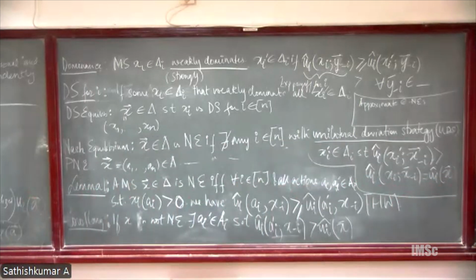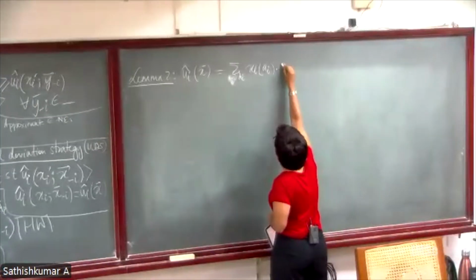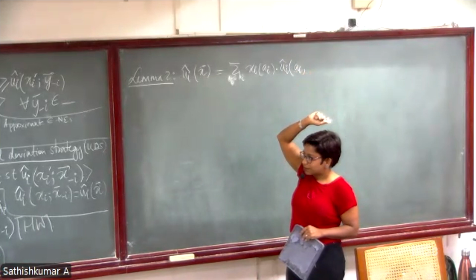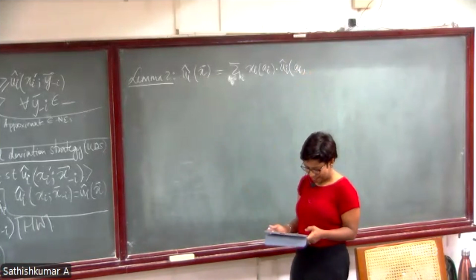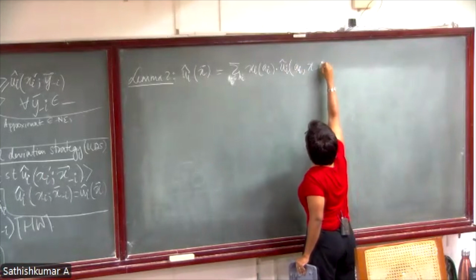So U_i, this is how I'm defining it. If I need more indices, we'll see. x_i, a_i times, yes, tell me.